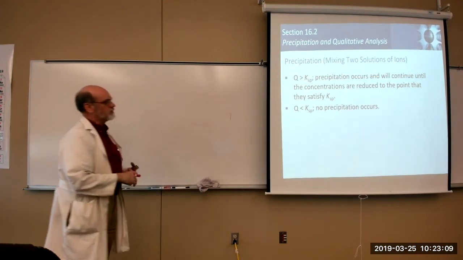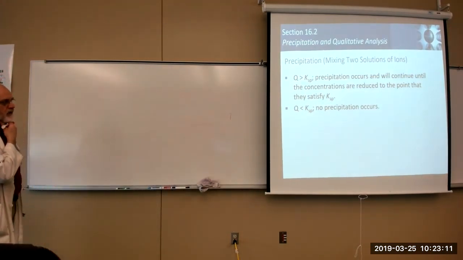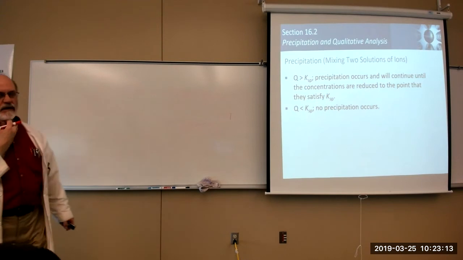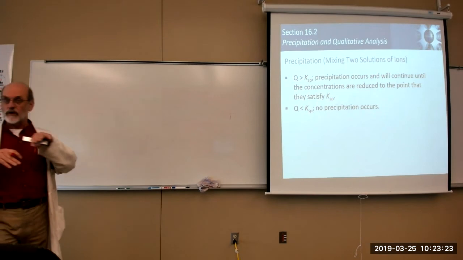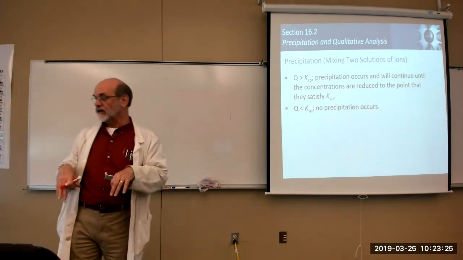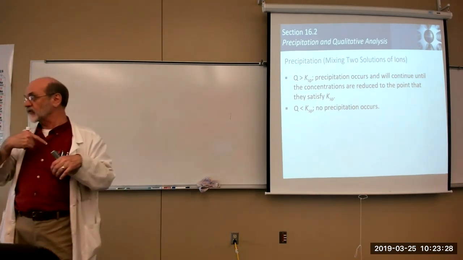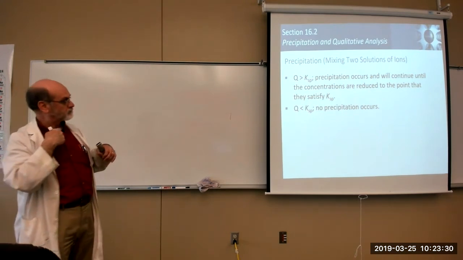So now the topic becomes, rather than solubilizing a solid in aqueous solution, at what concentration of ions in solution will you get a precipitation? In other words, will the process reverse? Okay.